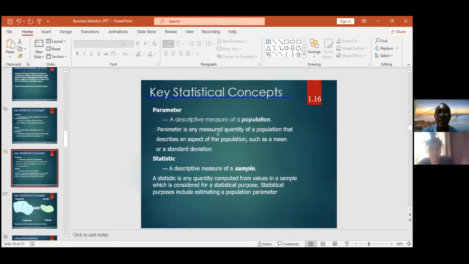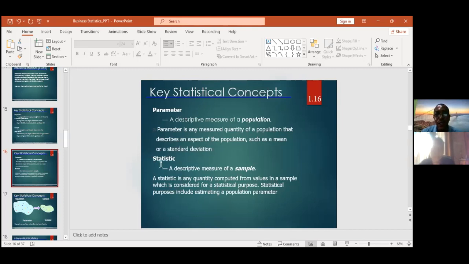Parameter is any measured quantity of a population that describes an aspect of the population, such as a mean or standard deviation of the population. So to remember, anytime you see parameter, it is talking about the population.